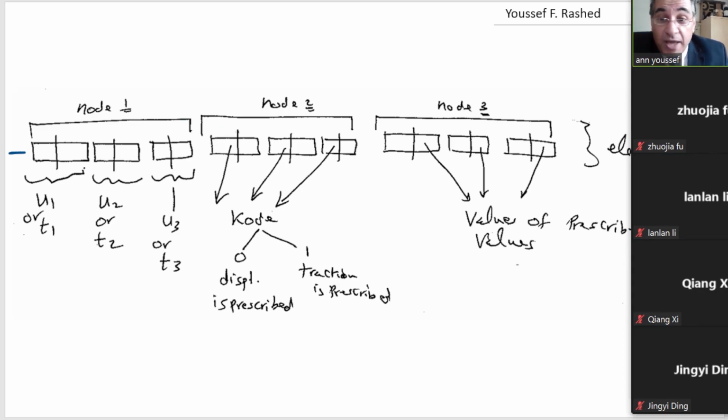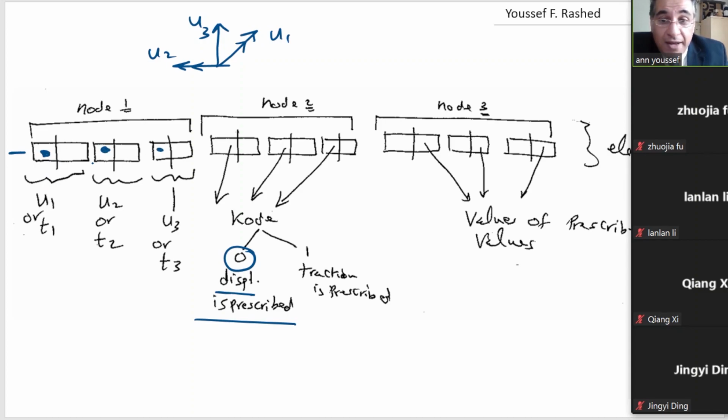So for the first node, we have 3: 1 is U1. If you remember, U1 is like this, and U2 like this, and U3 is vertical like this, as in plate bending. So in direction 1, which one is prescribed and which one is unknown? If the displacement is prescribed, we put the value 0 here.